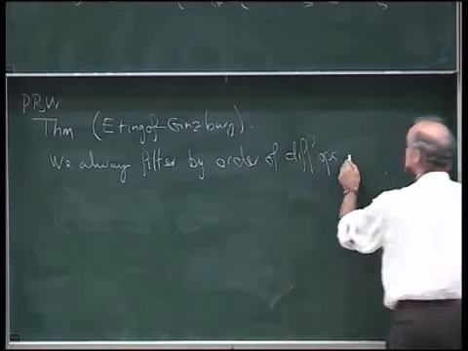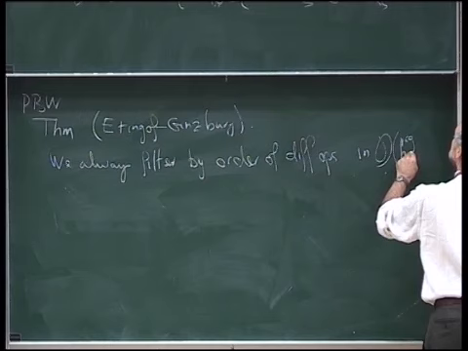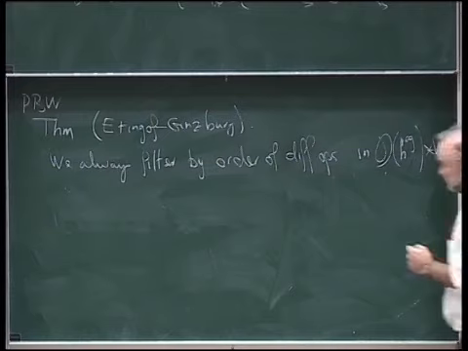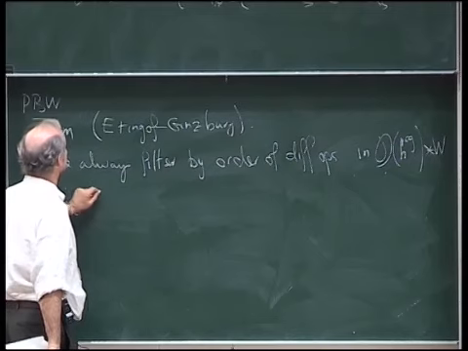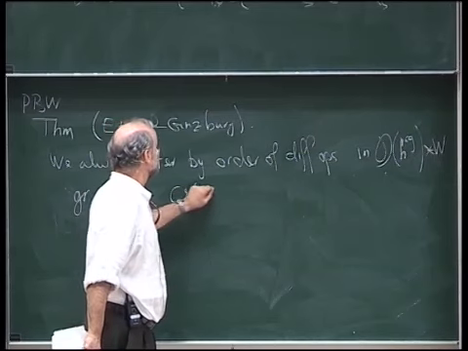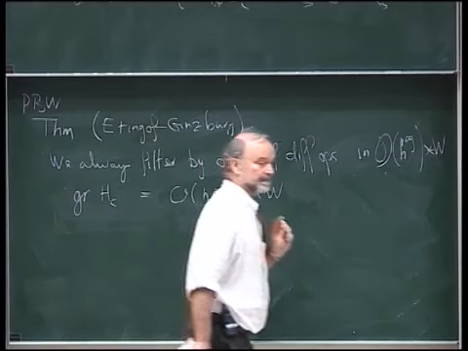So everything's sitting inside D of H reg smash W, and since W has no differential operators, W appears here in degree 0. So the way I think of the PBW theorem is that if you look at the associated graded ring of HC, you just get the coordinate ring of H plus H star, smash W.